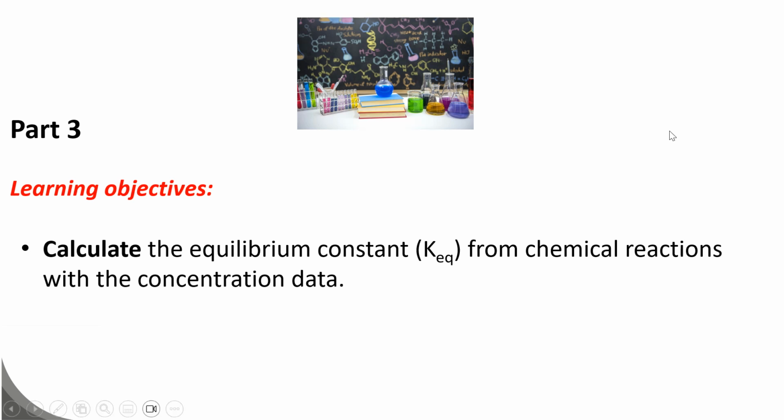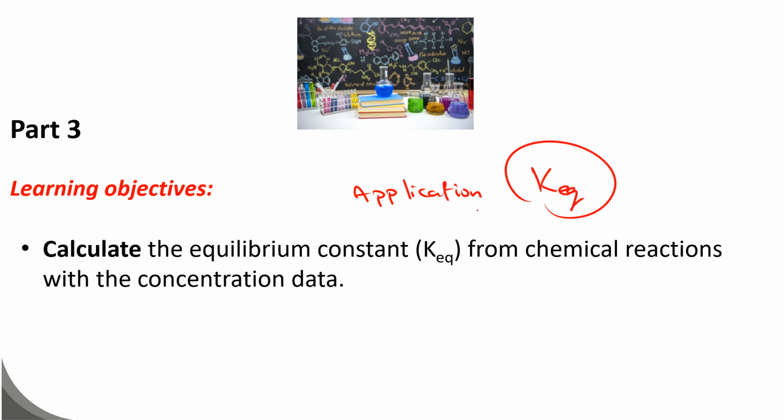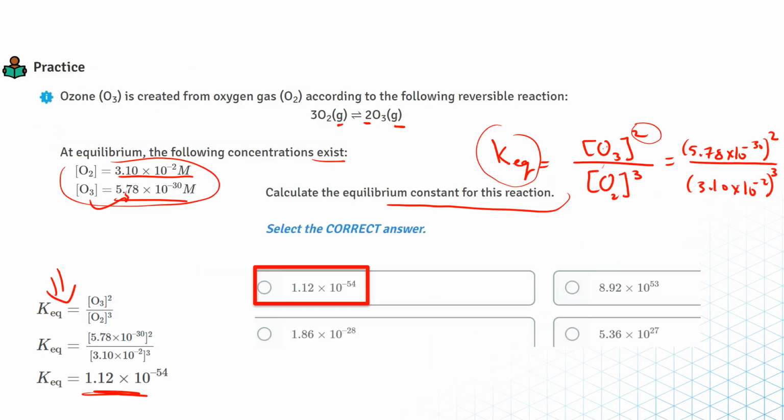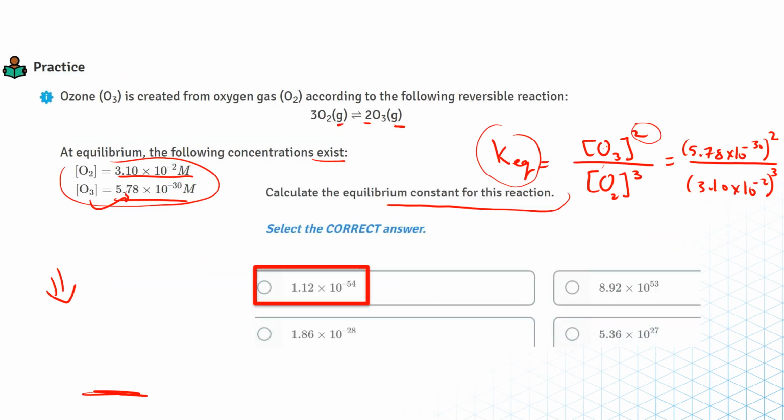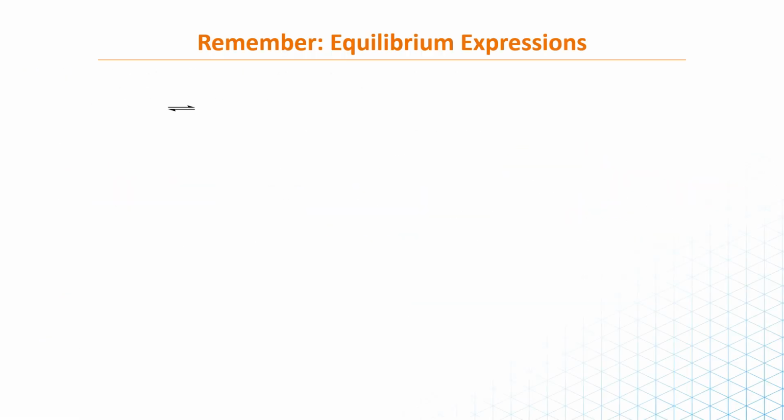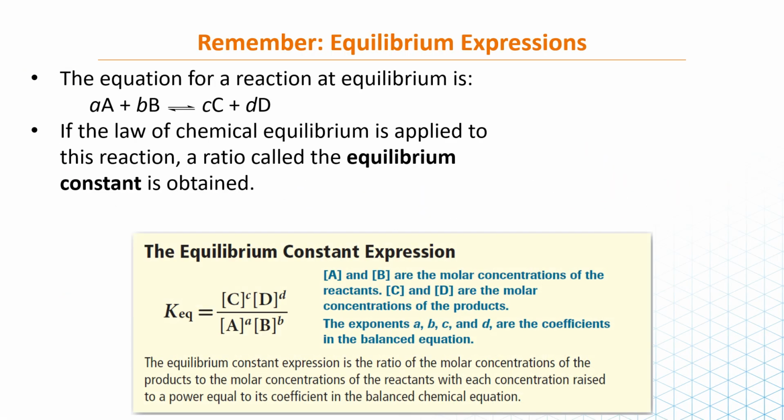We are going to move to the last part, and it's an application of the K equilibrium equation. Okay, so we'll calculate it like we did here. You should remember the equilibrium constant expression, guys.